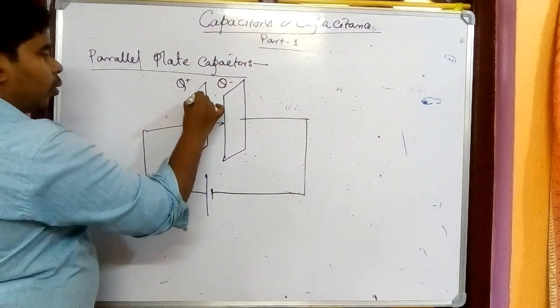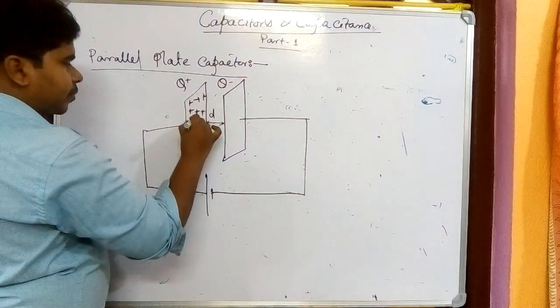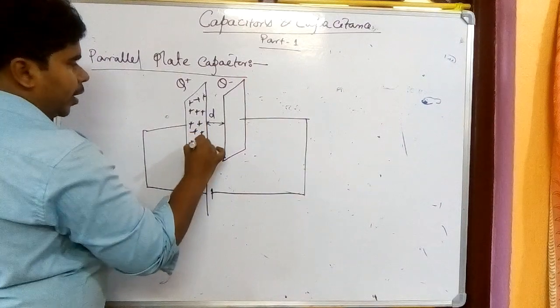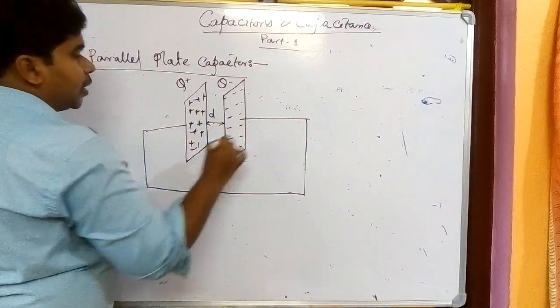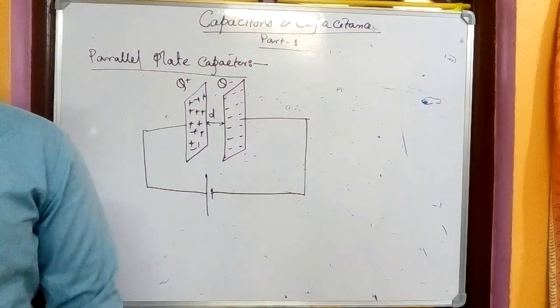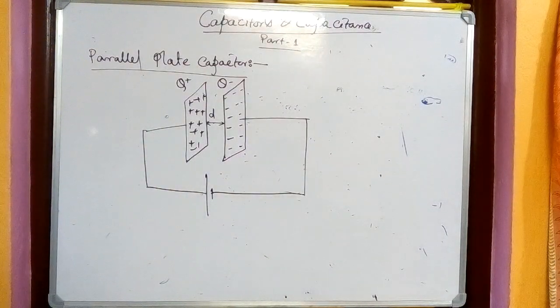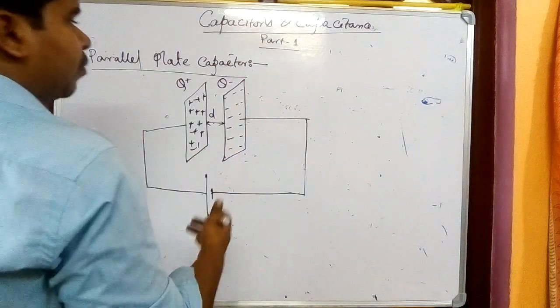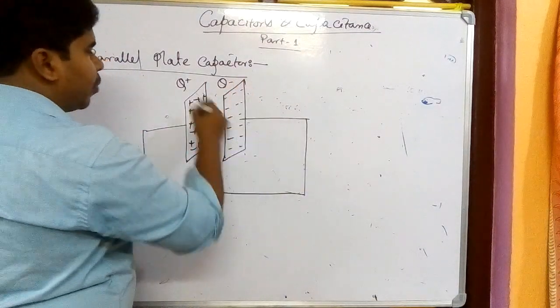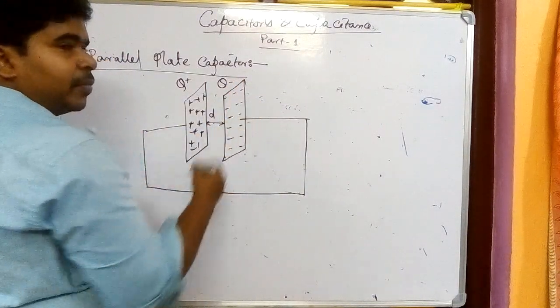In one plate the positive charges will come, and in the other plate the negative charges will come. What the capacitance will be, we will come to a little later. But here, as the two charges are very close together due to induction, the loss of energy is less, because no other charge is at the back.